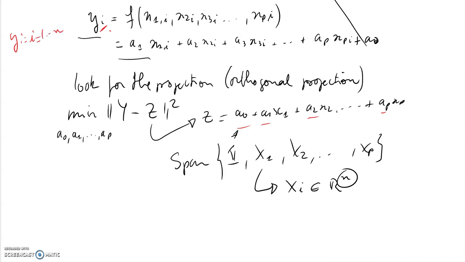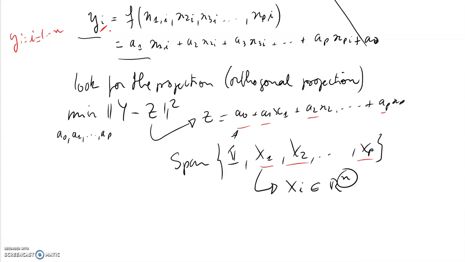For each of the n observations, there are p features, x1, x2 up to xp, different features that we have to consider.